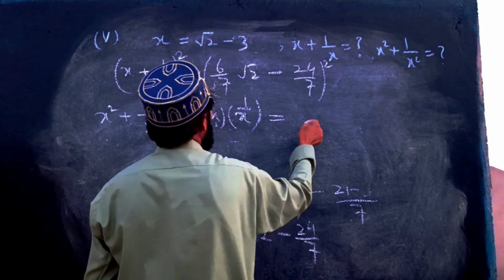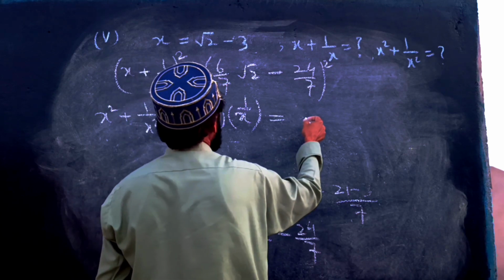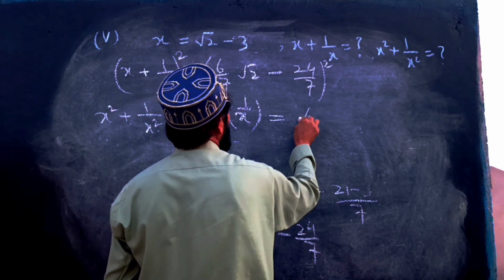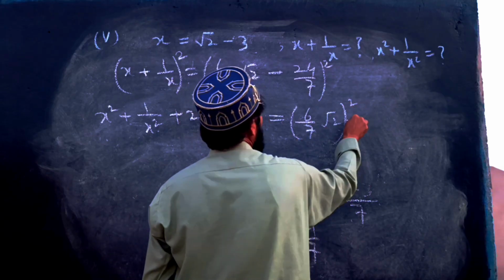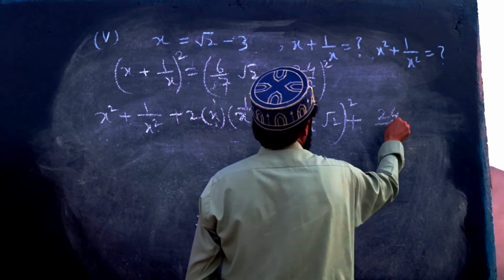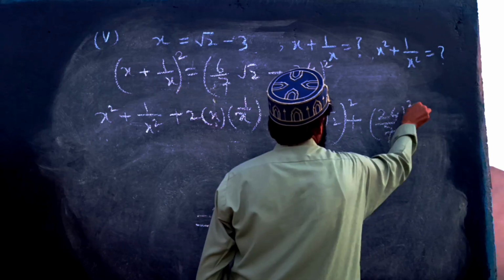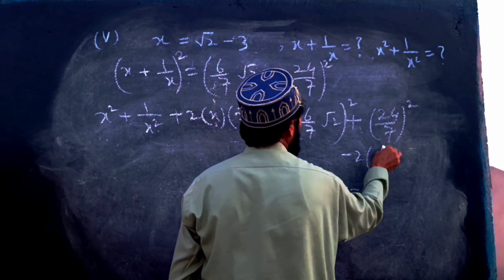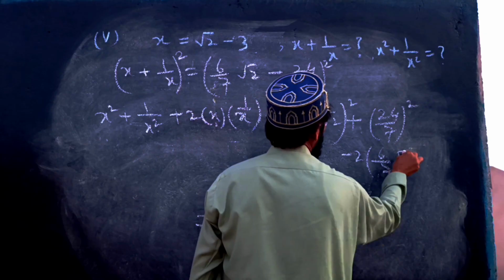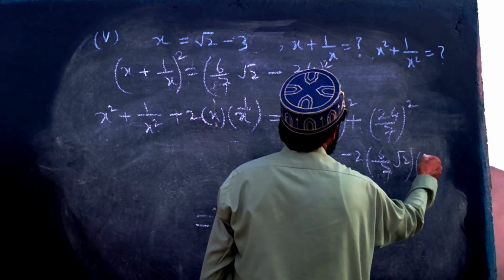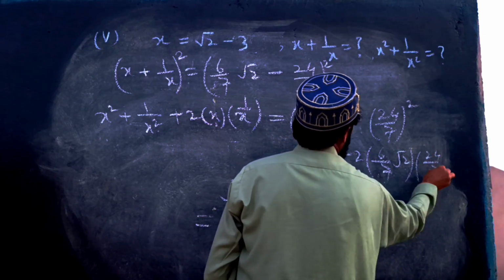If we open this term again, a square plus b square, so very difficult for the students. So 7 by 2 under the root whole square plus 24 divided by 7 whole square minus 2 into ab, 6 by 7, 6 by 7, 2 under the root and 24 divided by 7.